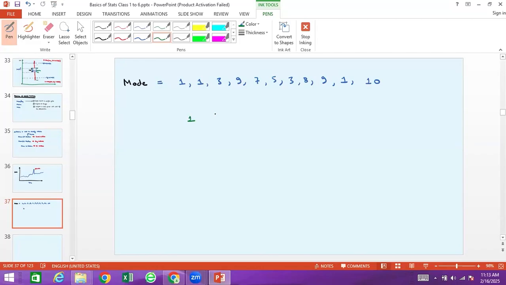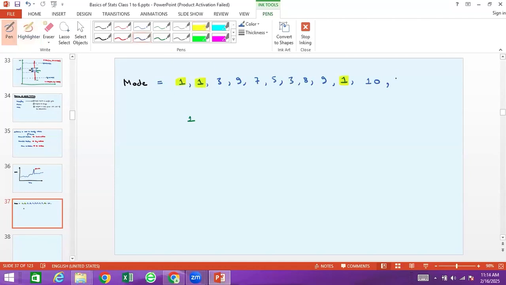Yeah, one only, it's repeating 3 times. You are correct, the mode for this is 1 because 1 is the most frequent value. How many ones do we have? 1, 2, 3. We have 3 ones, and there is no other value which is repeating 3 times.